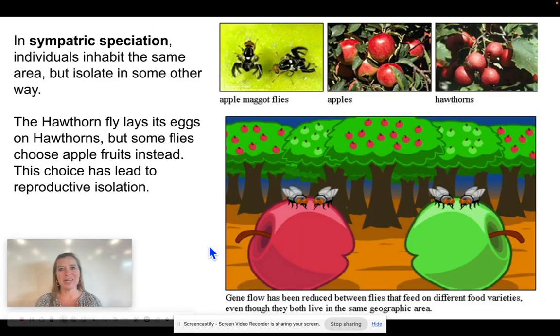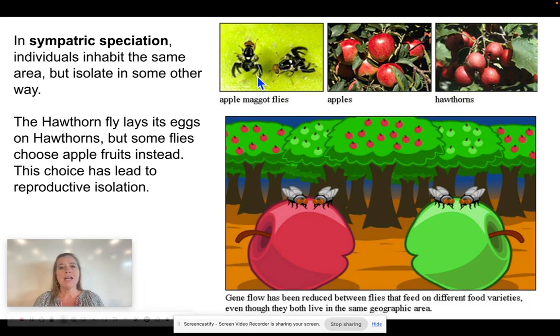Another way that organisms can create new species is through sympatric speciation. This is less common, but this is when individuals that are inhabiting the same area and were once of the same species start to occupy slightly different niches within that area. So here are apples, and these are hawthorn apples, and here are apple maggot flies.